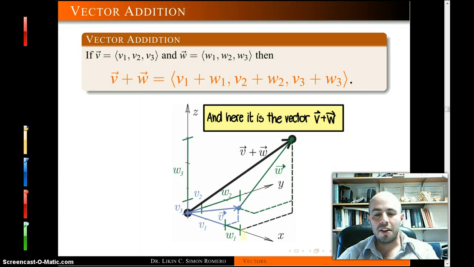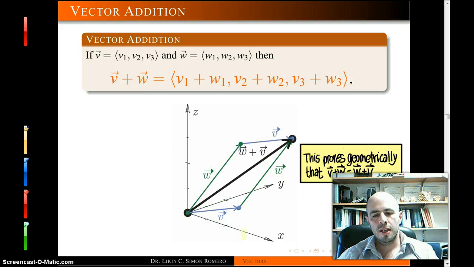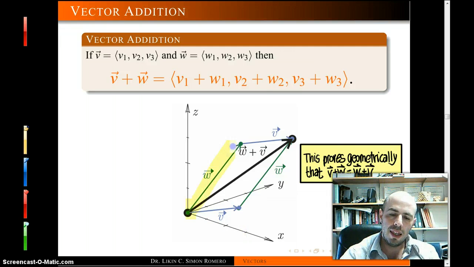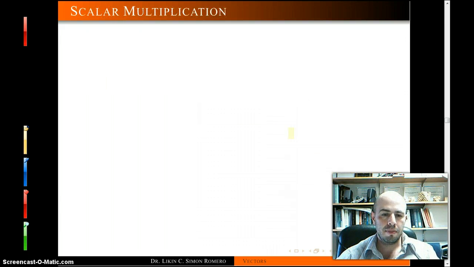Then the resulting vector B plus W is going to be the vector that joins the tail of B with the tip of W. If you do it the other way around, this proves geometrically that B plus W is equal to W plus B.